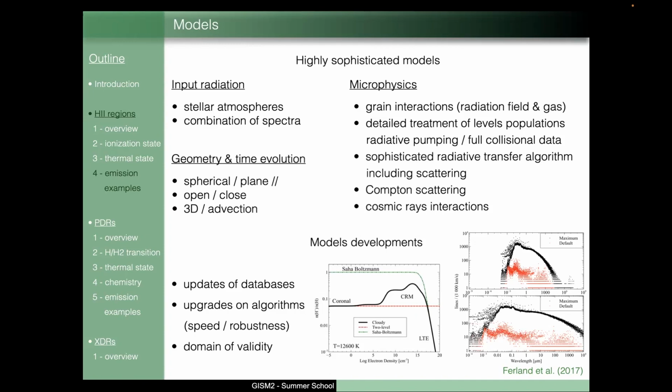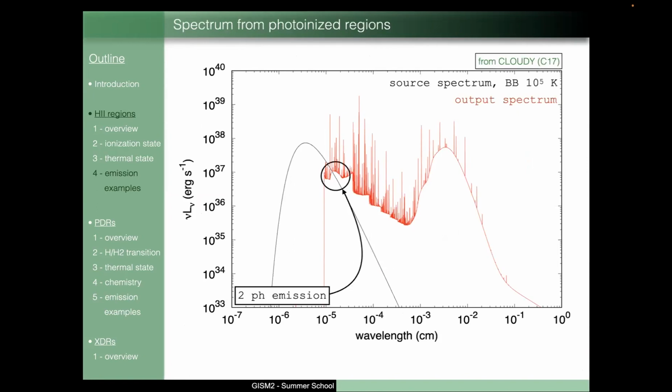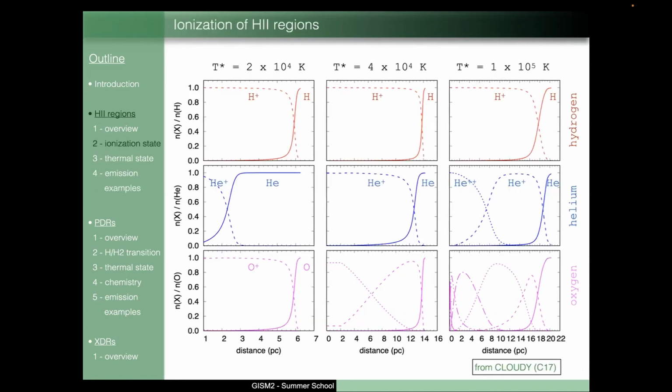Okay, so next question. I was wondering, you mentioned that when you calculate the O III ionization structure in this H II region, this whole structure is determined by the hydrogen and helium, H plus and H transition.